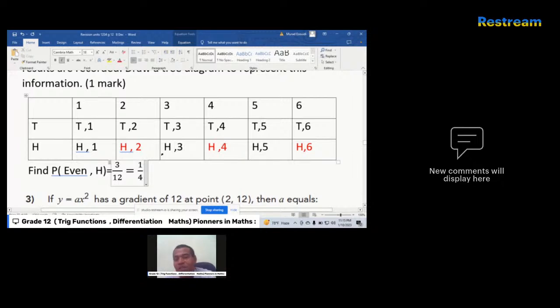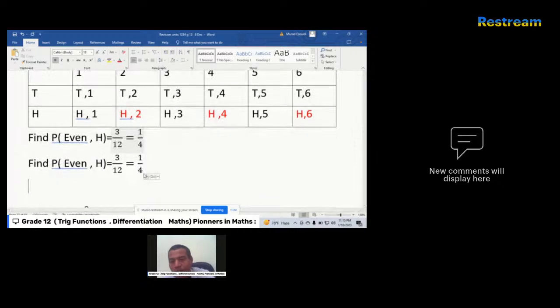Or the question will be like that: find the probability of getting, let's say, a head and a multiple of 3.